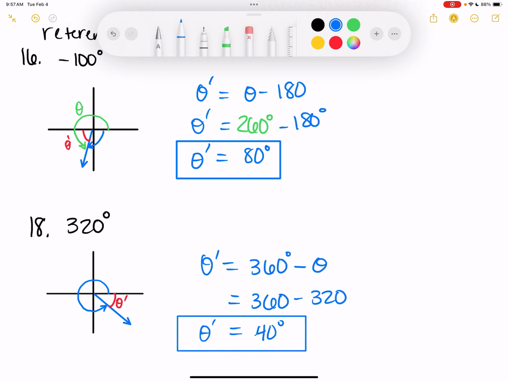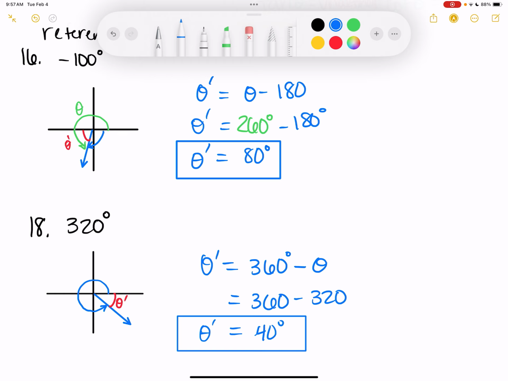And this is just something we have to memorize, the formulas for which quadrant. In theory, they should logically make sense. Your reference angle is the distance from the x-axis.